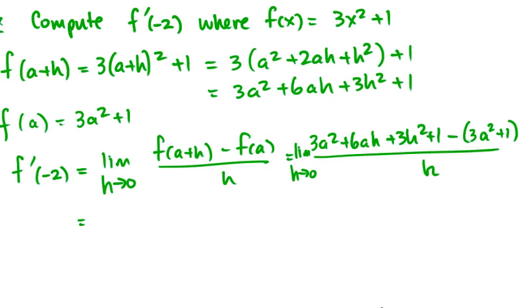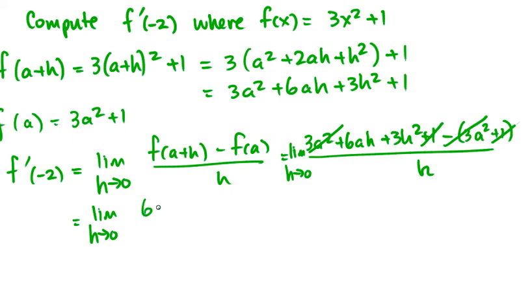And now I get the limit as h approaches 0. 3a squared take away 3a squared, 1 take away 1, so I get 6ah plus 3h squared, all divided by h. You'll notice you can factor out an h from all the terms.